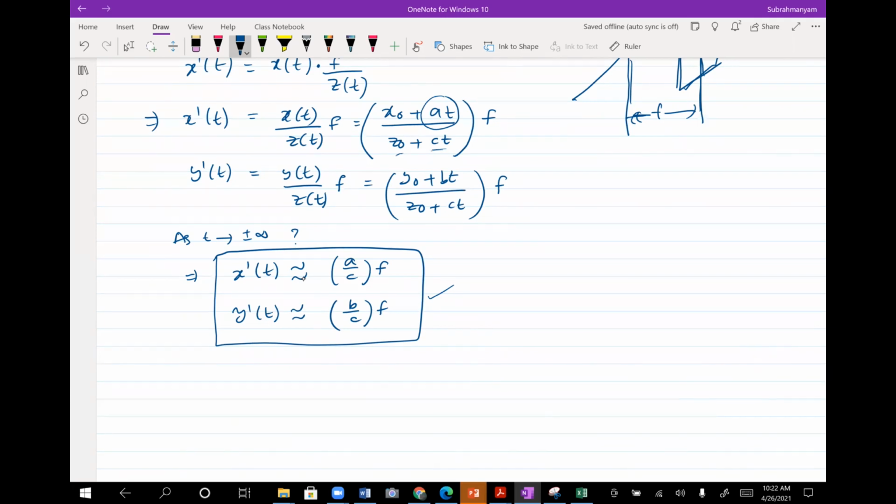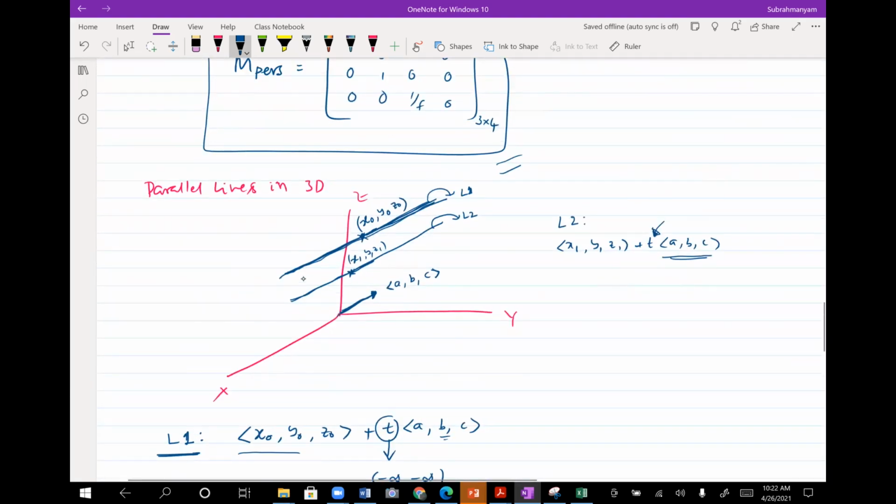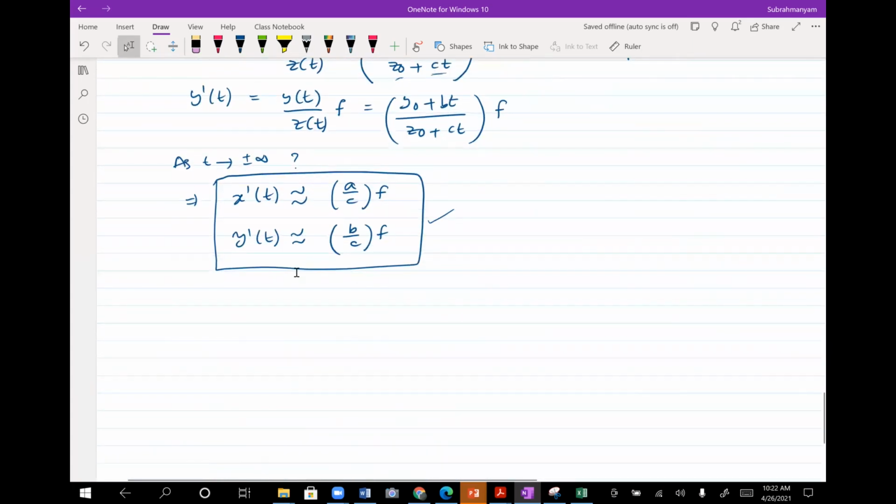It doesn't matter whether you consider this line or this line, because those two differ only in terms of x naught, y naught, z naught or x1, y1, z1. But at a very high value of t, both lines would have the same common point here.